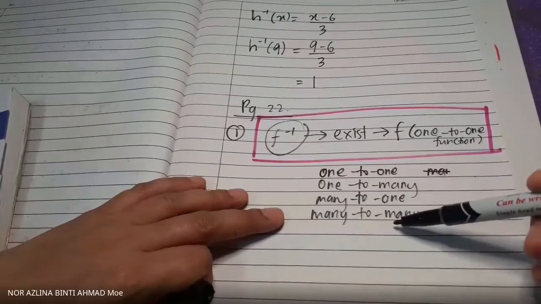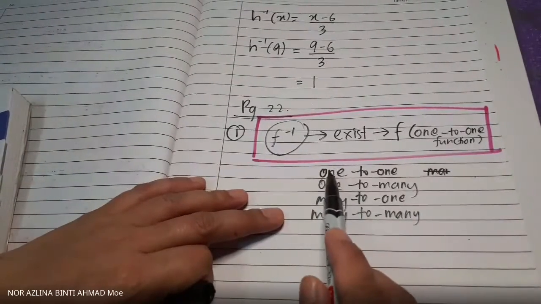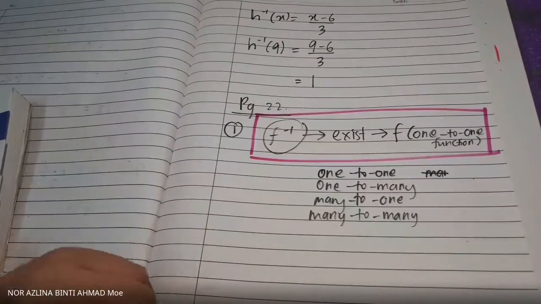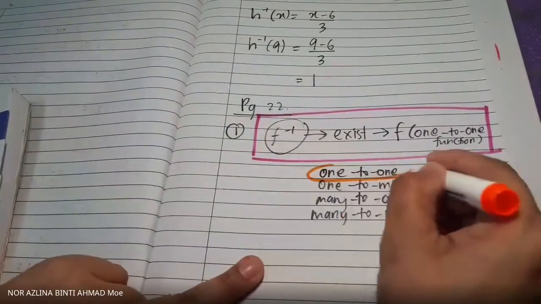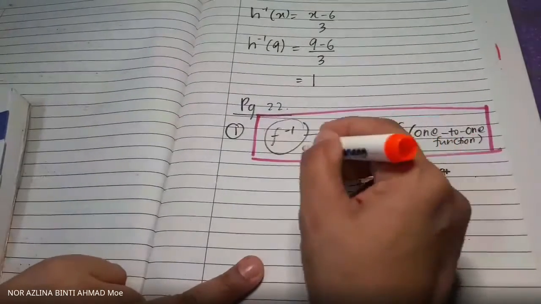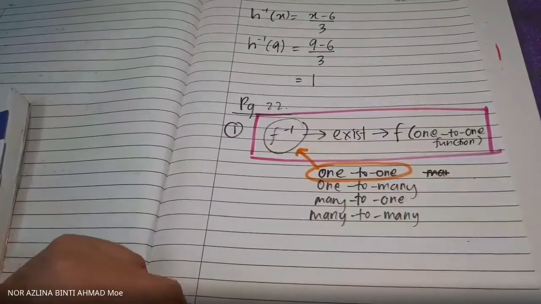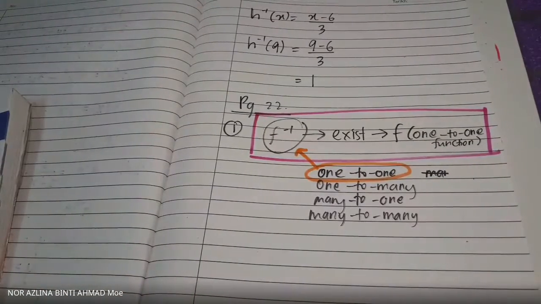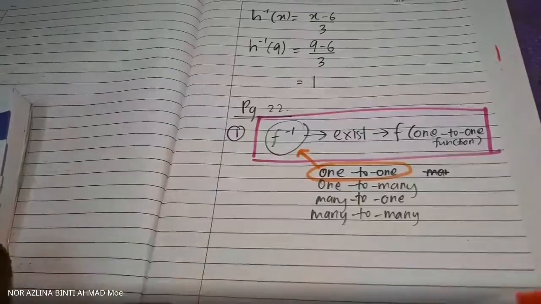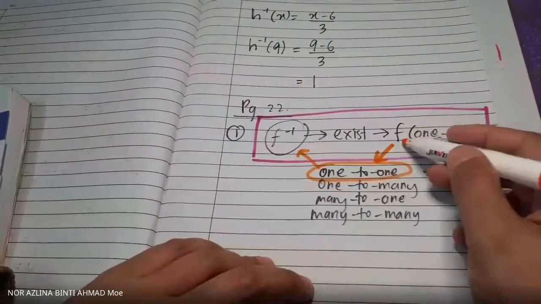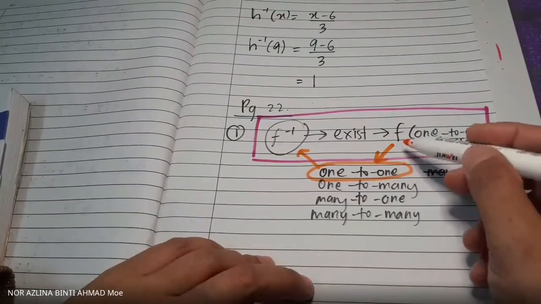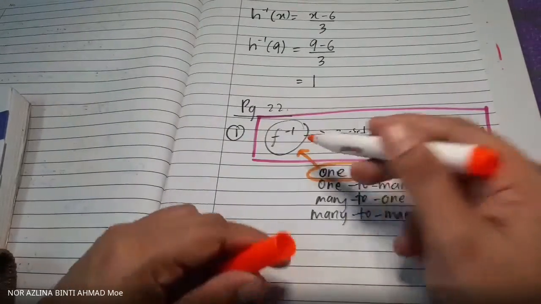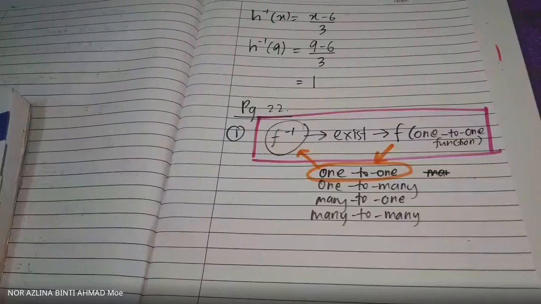Function yang one-to-one sahaja, yang dia punya relation dia one-to-one sahaja, yang ada inverse. Okay. Kita boleh baca nilai objek dia. So, the function one-to-one, the type of relation of the function is one-to-one. So, the function will have an inverse function.